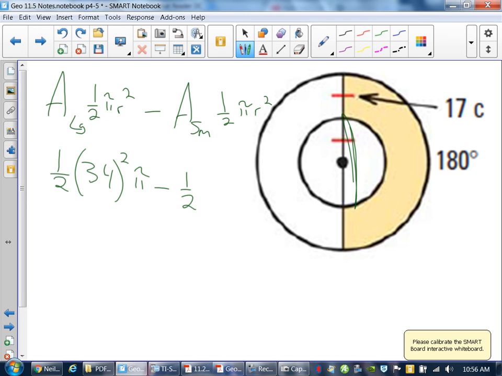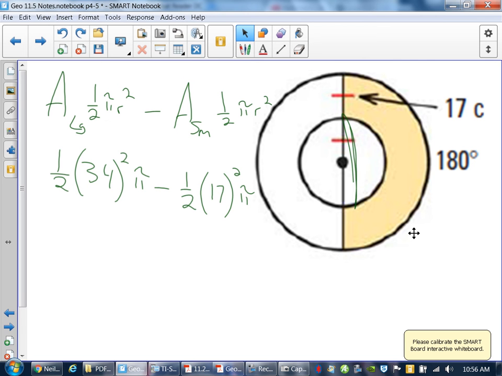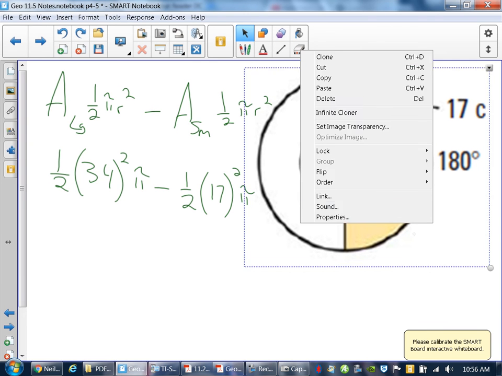Wait, would it be another 17? I did the whole thing here. This whole part has a radius of 34. This one has a radius of 17. The reason I took half of it is because I'm only caring about this part.